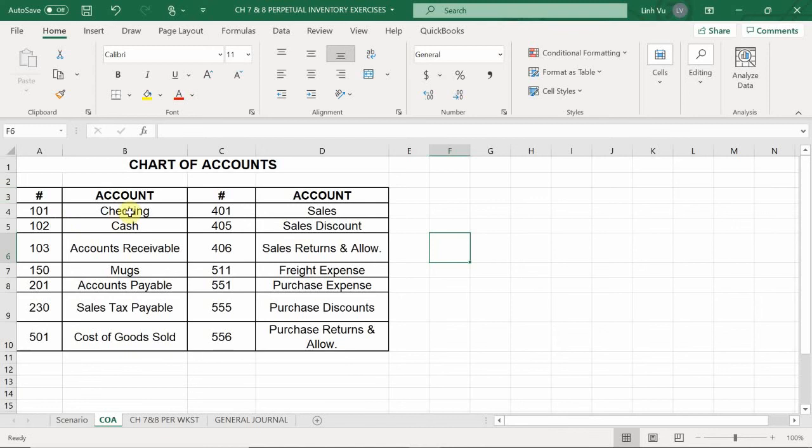Mugs and accounts payable. Good. So in this case, accounts payable is account number 201.